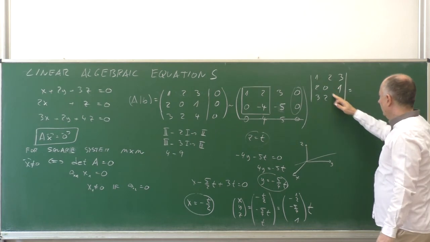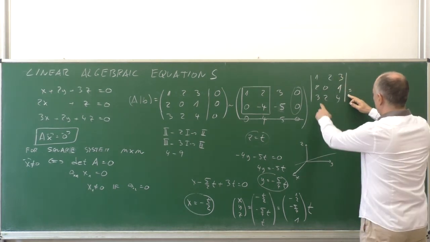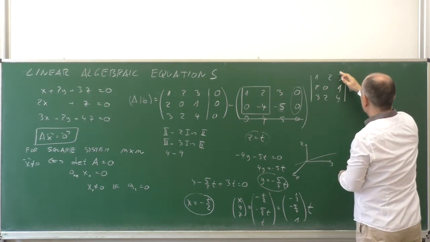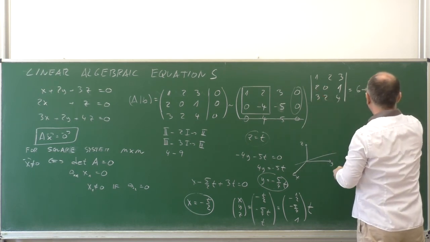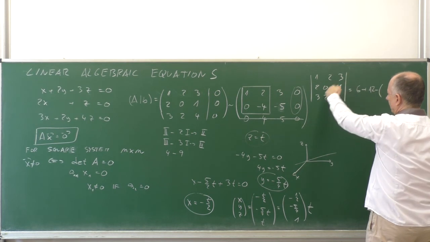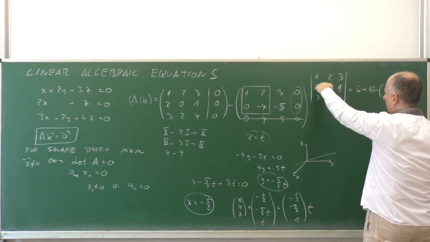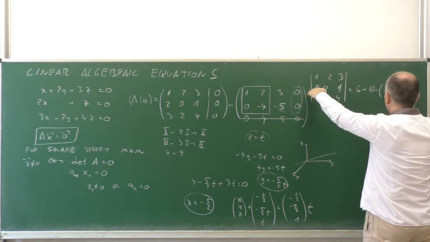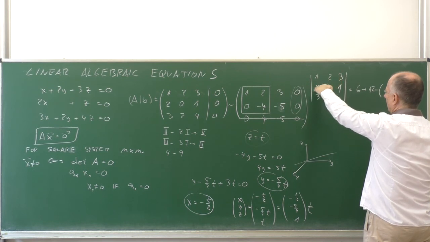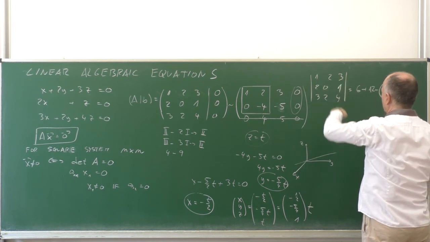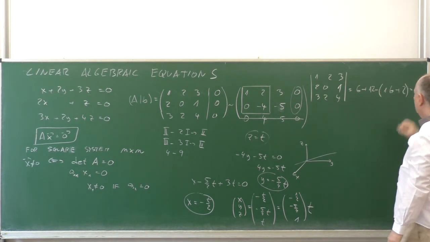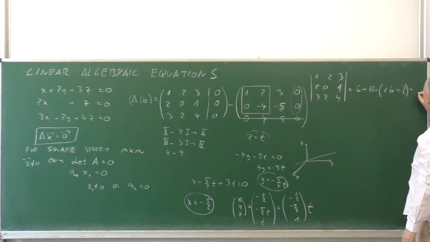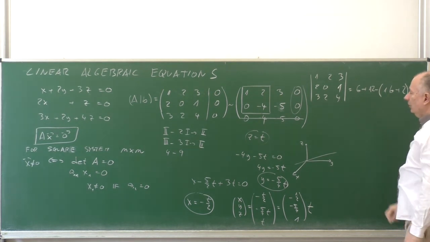Then we have 0, 6, plus 12, minus 0, 16, plus 2, which is 18 minus 18, which is indeed 0.